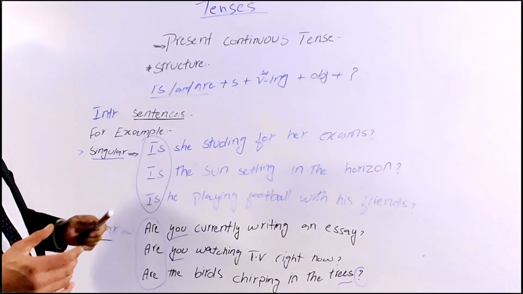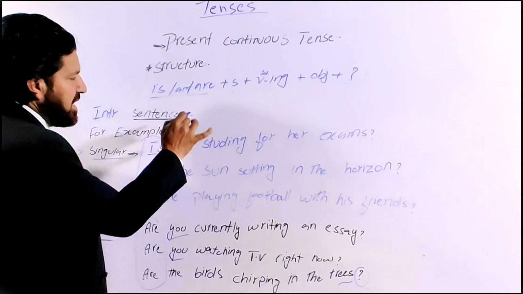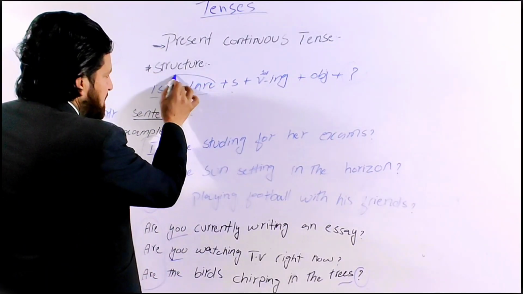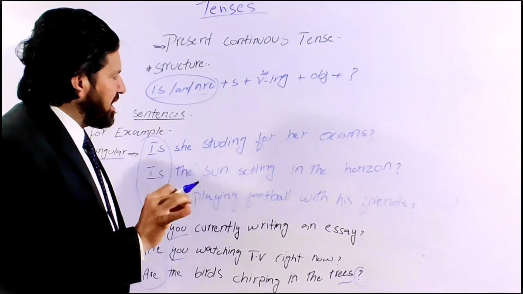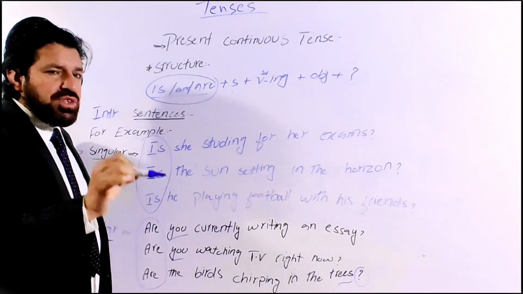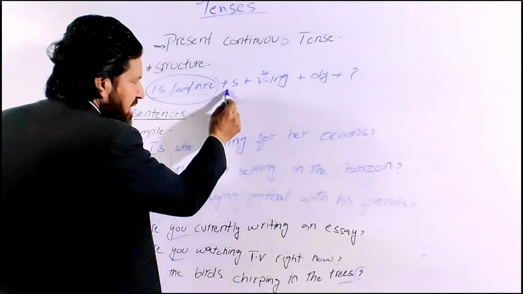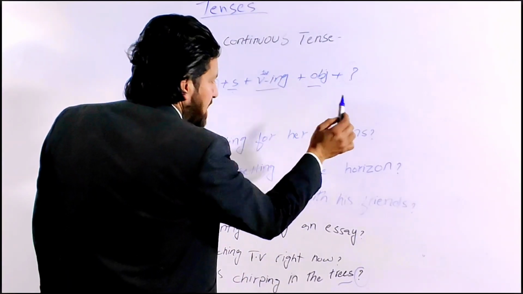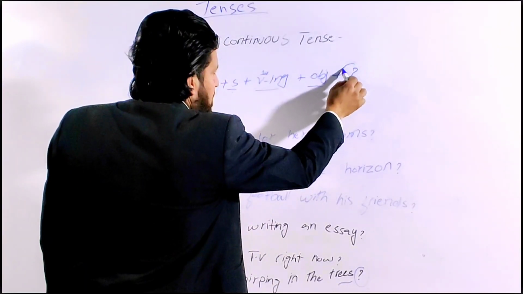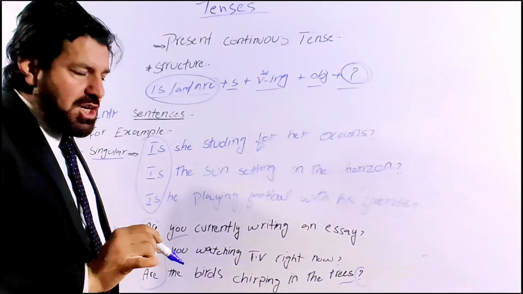In interrogative sentences, the helping verb is used at the initial of the sentence, then the subject, then the verb, then the object, and you must put the question mark at the end.